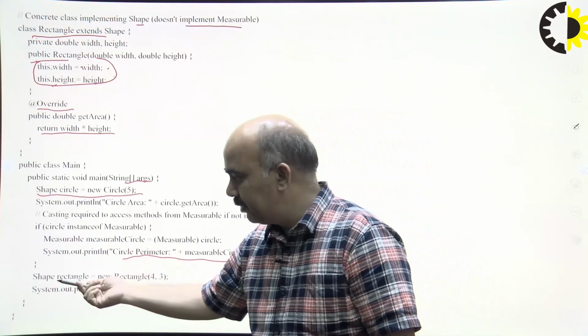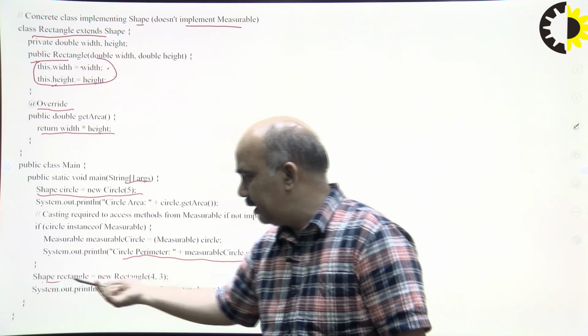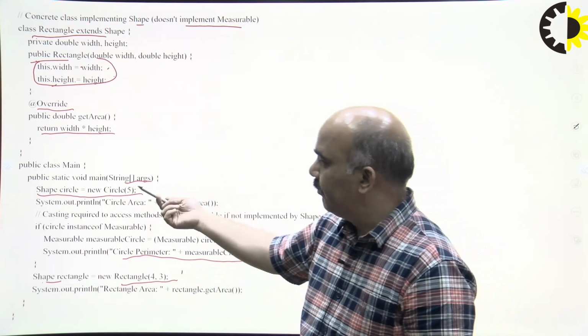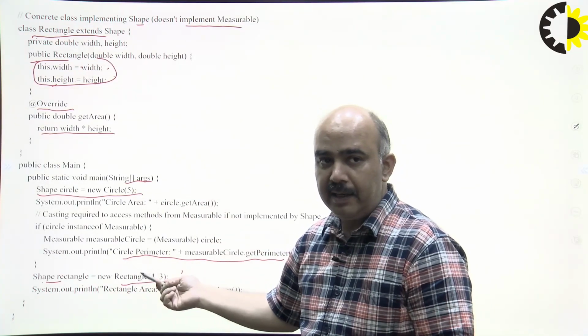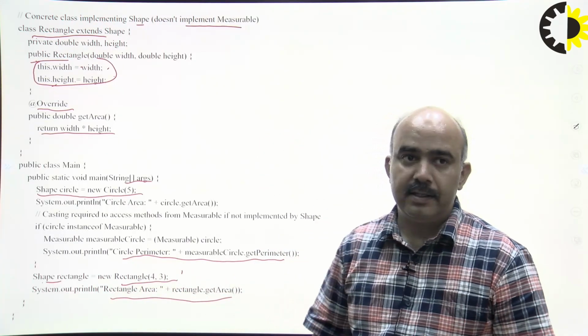Again, with respect to the rectangle, we create an instance with two parameters. Here we have one parameter, here two parameters, because the rectangle's length and breadth are being used. Then it will print the area of the rectangle.